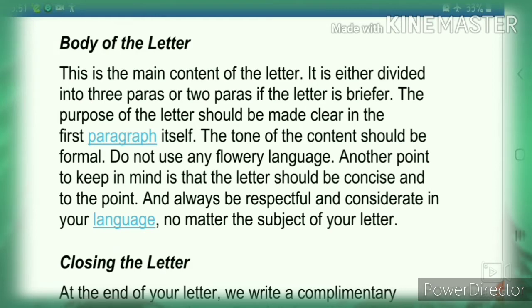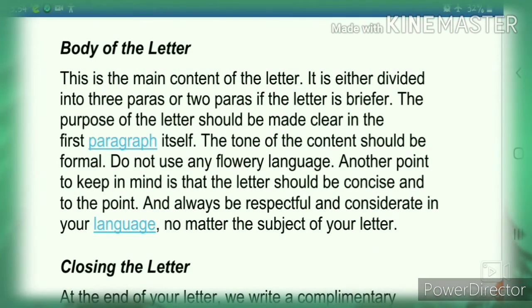Do not use any flowery language. Another point to keep in mind is that the letter should be concise and to the point, and always be respectful and considerate in your language, no matter the subject of your letter.